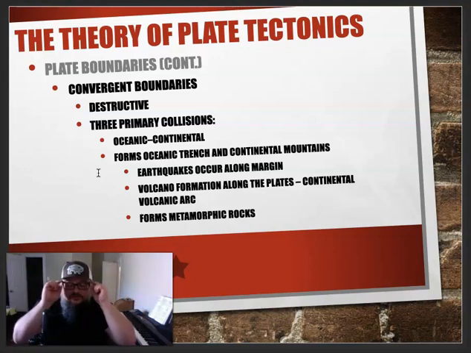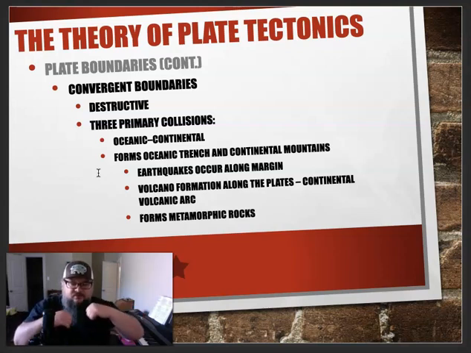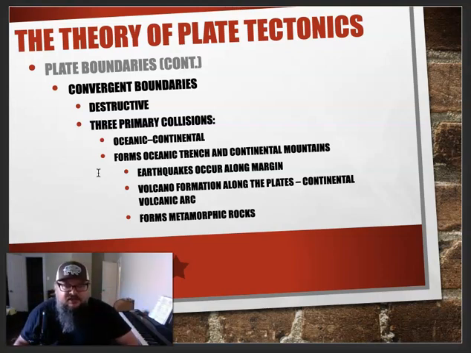Those ocean trenches always happen at the border of a continent and an ocean, and we call them subduction zones. Where you have an oceanic plate and a continental plate coming together, that subduction happens at a trench, or what we call a subduction zone.